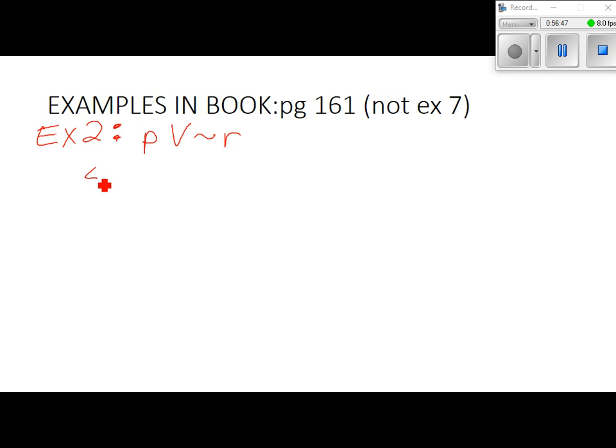Angle ABC and angle CBD are complementary. What's complementary mean again? The same? They add up to 90 degrees. Congruent means the same.